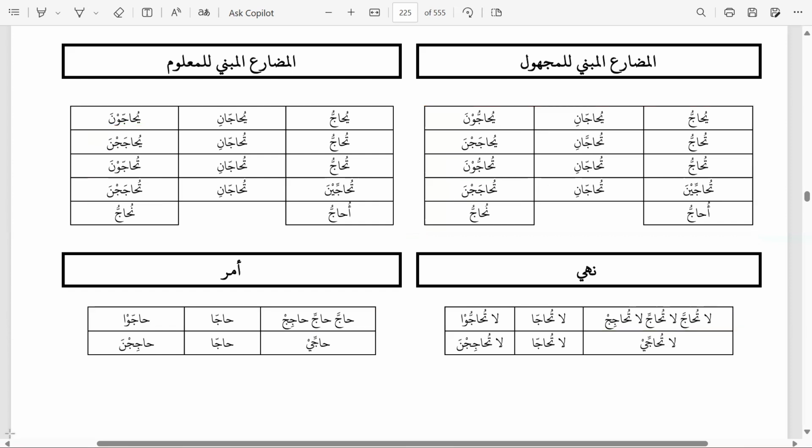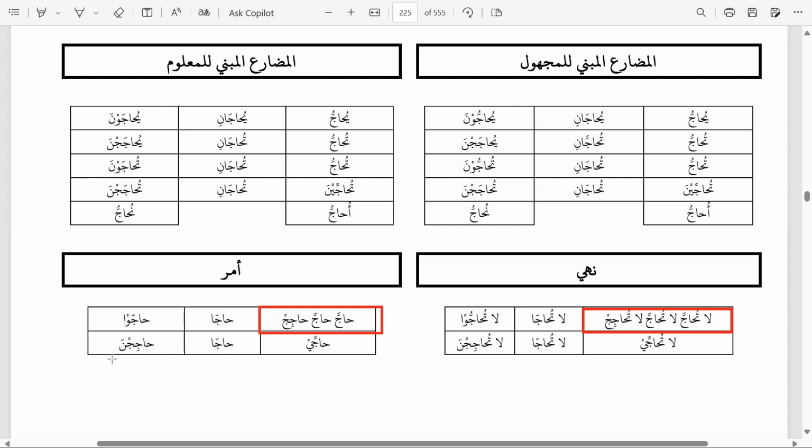As you can see in amr, you have 3 versions of the anta form, and 3 versions of anta in nahi. But for antuma, antum, anti, antuma, antunna, only one form is there. Why? Because they are made lightest just by removing the noon.